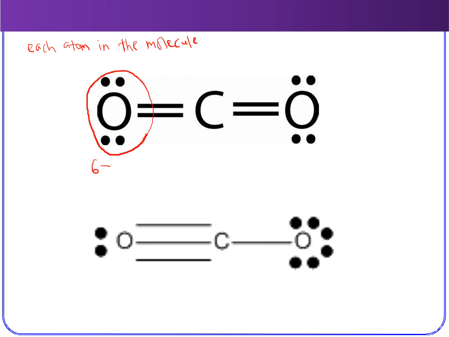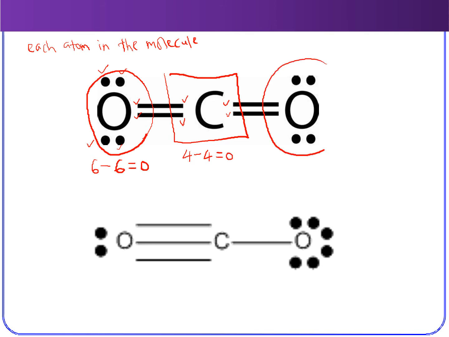Okay, we do a circle like this and then we calculate: 6 valence electrons minus 1, 2, 3, 4, 5, 6, so minus 6 equals 0. Now we go for the carbon: 4 valence electrons minus 1, 2, 3, 4, so equal to 0 as well.